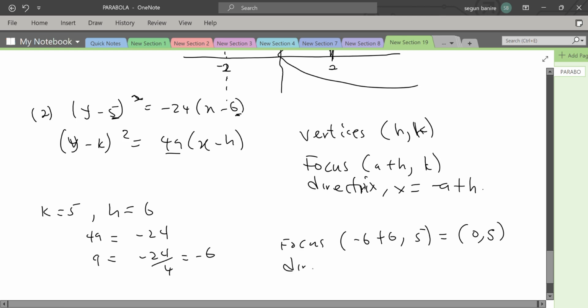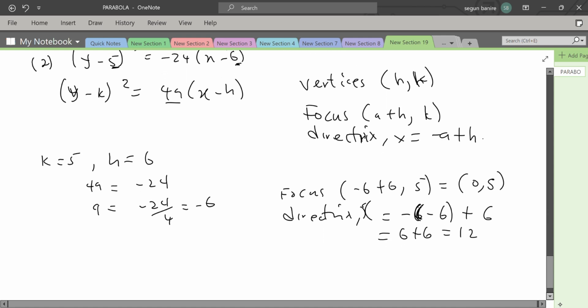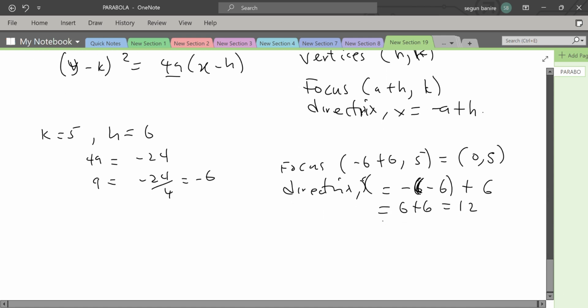Then your directrix now will be x equals minus a plus h. a is minus 6, and there is a minus here, so that is 6 plus h, which is 6, so this will give you 12. So this is the directrix.